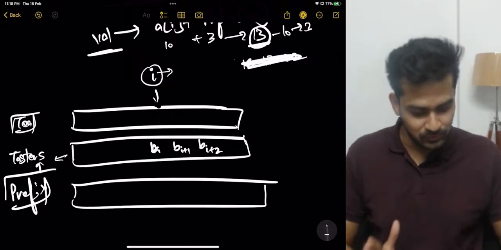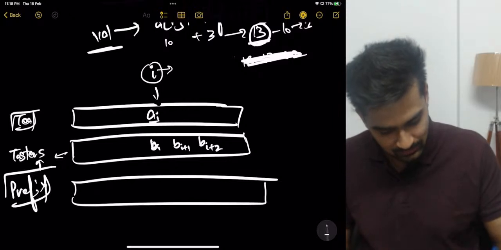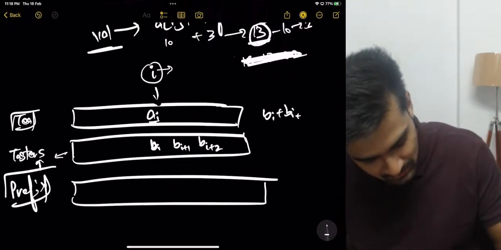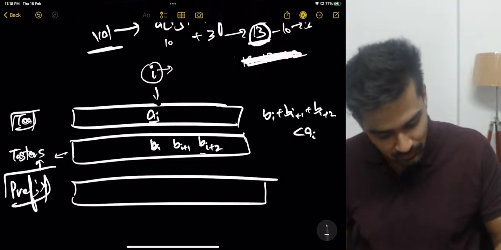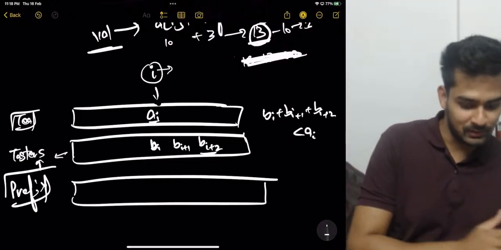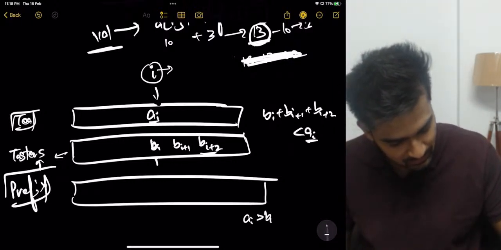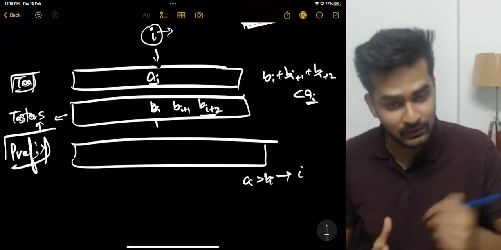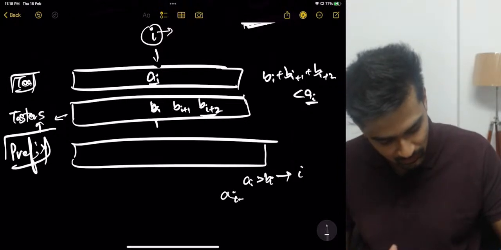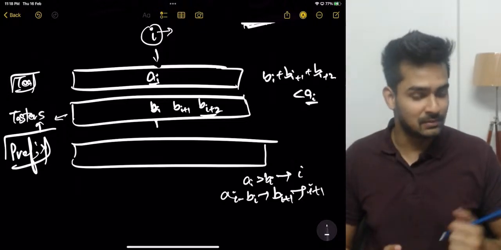The brute force approach would be, if this is A I, you see till which place B I plus B I plus 1 plus B I plus 2 is lesser than A I. If that is the case, we are able to move till this one, and then again we move forward. So basically first we see if A I is greater than B I. If yes, the ith is done. Then we move on to I plus 1, but we know that A I is not entirely there now; it is A I minus B of I. If it is greater than B of I plus 1, then we are able to consume the I plus 1th person also.